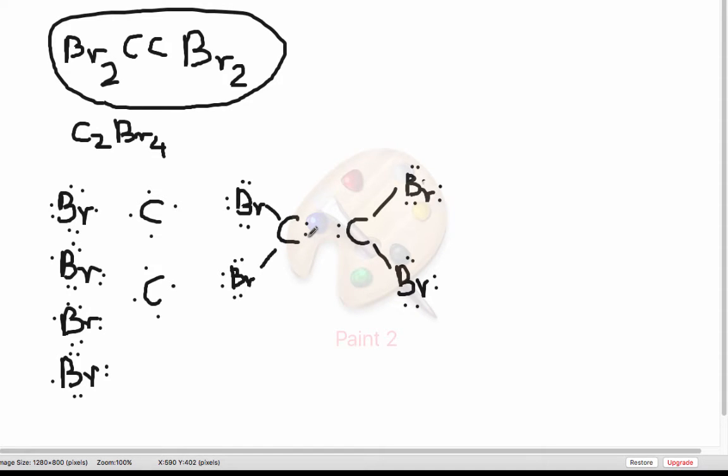So in order for the carbon to have a filled outer shell, it needs to have a double bond here. So basically, the 2 extra non-bonding electrons for each of the carbon atoms that we've drawn will come together to make a double bond, and then the carbon will have a filled outer shell, as it will have 1, 2, 3, 4, 5, 6, 7, 8. 8 electrons in total.